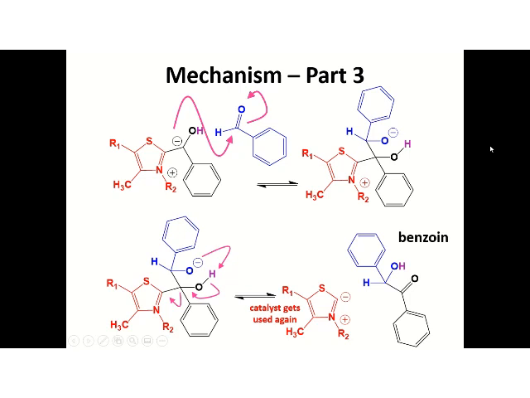So we will have a species with the two benzoyls and the catalyst.